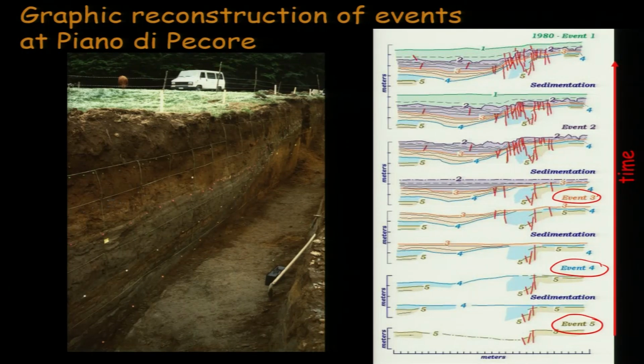You see no displacement here, but the next event, event 2, again displaced all the units, like unit 5, 4, 3 and 2. This was the event horizon. Now, another phase of deposition, unit 1, capped the event which occurred, that is event 2, unit 2, and then finally it was displaced, that was event 1 in 1980. This has been shown in the next slides.